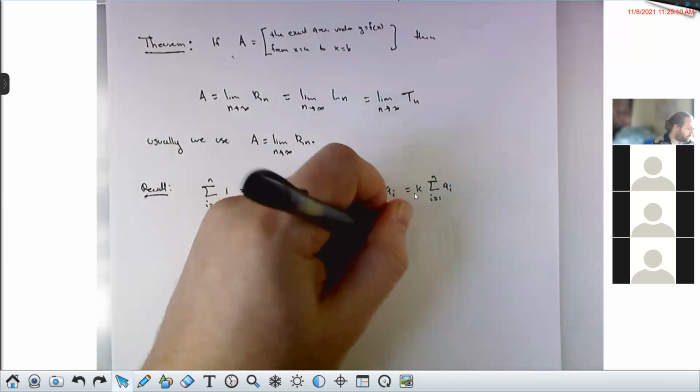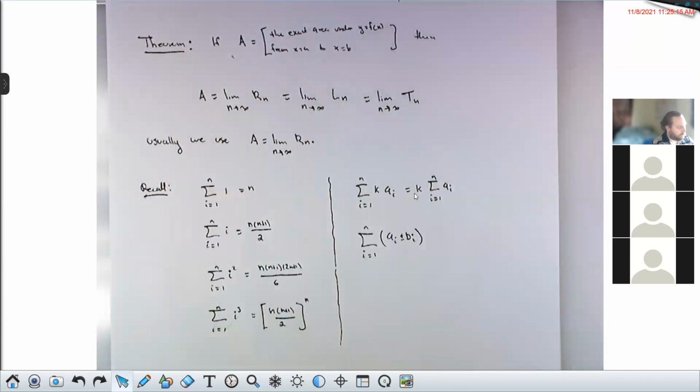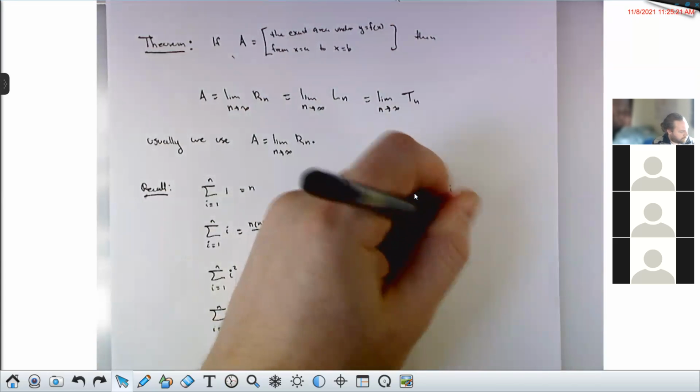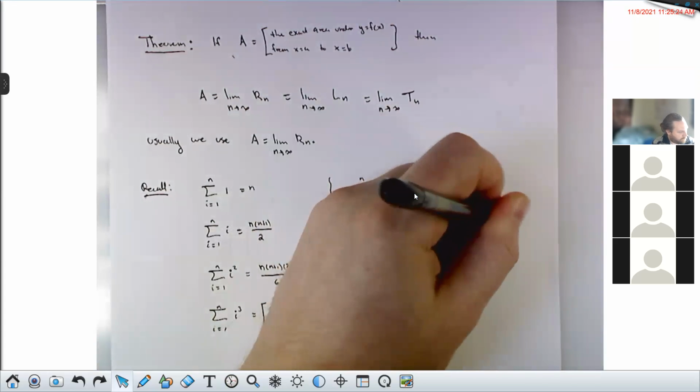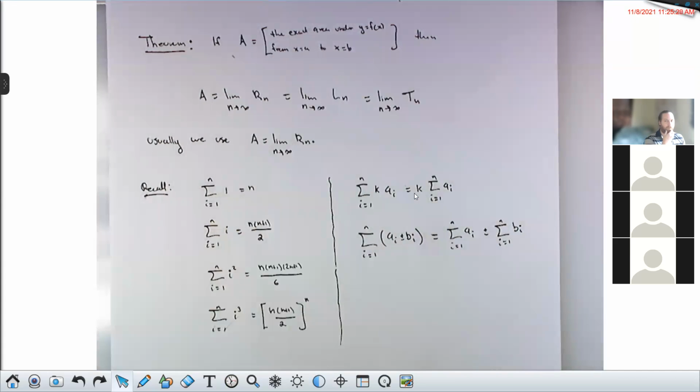And if you have a sum or a difference of terms inside here, both of which depend on i, you can split that sum up into two separate sums. These two things on the right-hand side tell you that the sum operator, capital sigma, is a linear operator. And you may remember way back when we talked about the derivative for the first time, we said that d/dx, the differential operator, is also a linear operator. Linear operators are nice. They're our favorite operators.